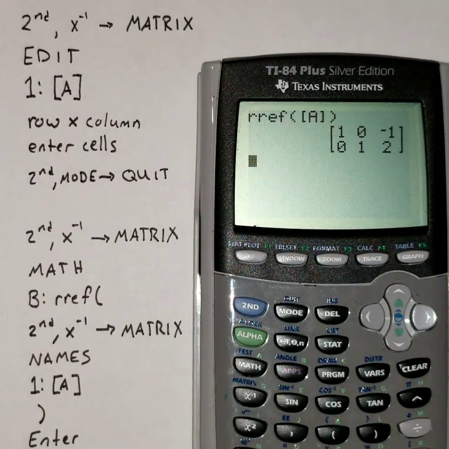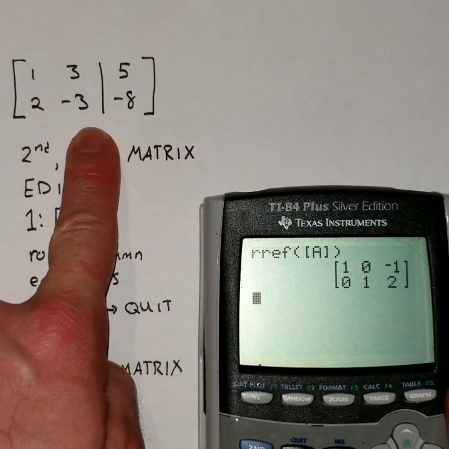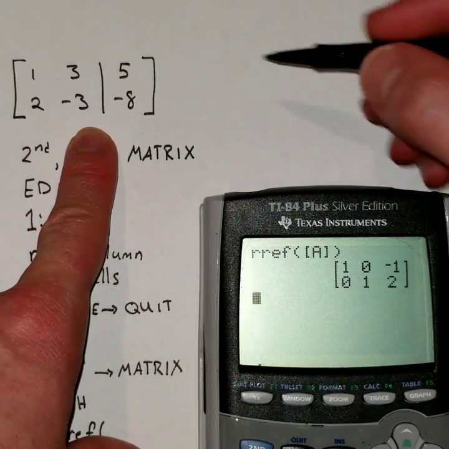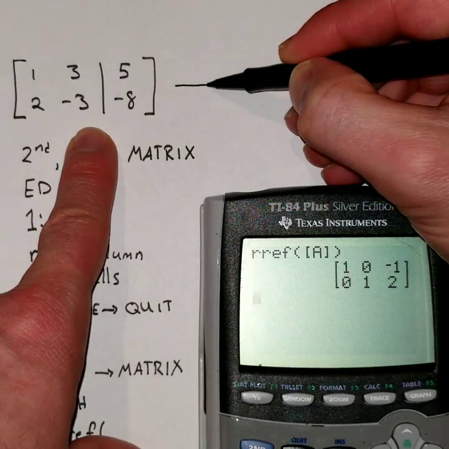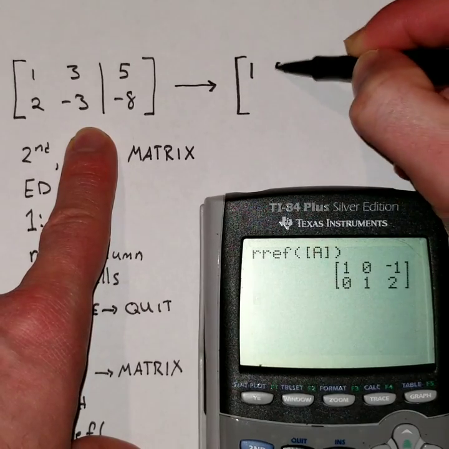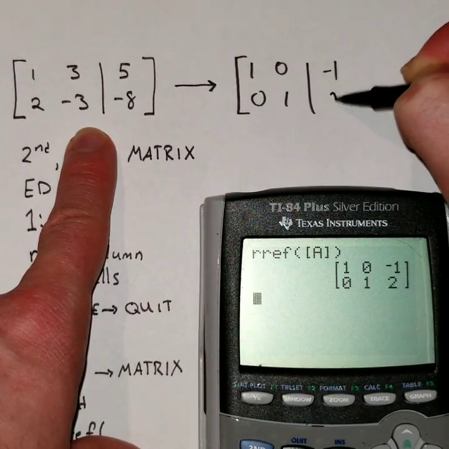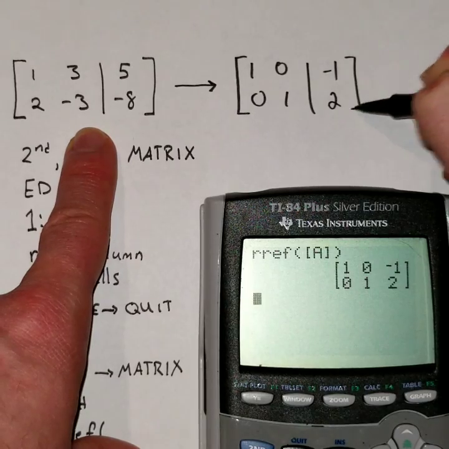When you do these on a test, I am going to require you to show some work. So you're going to need to show the initial matrix. You're going to need to show this final matrix, which is 1, 0, 0, 1, and then the 1 or negative 1 and the 2.